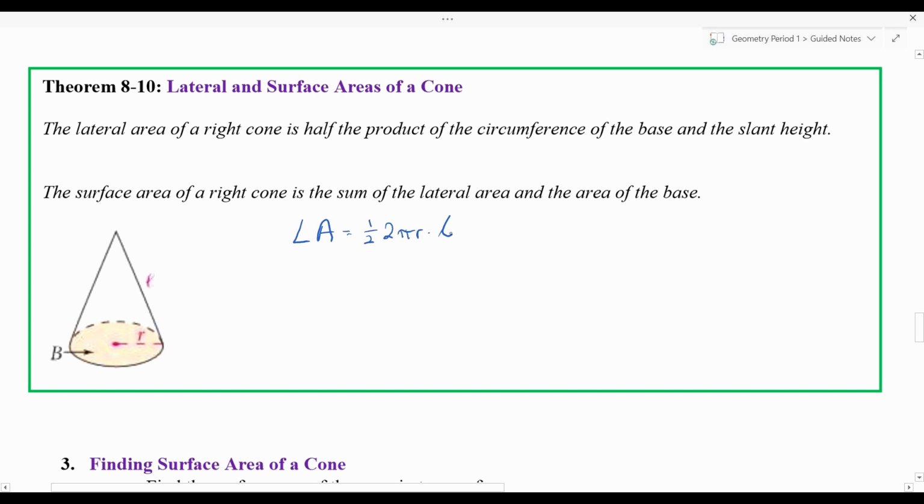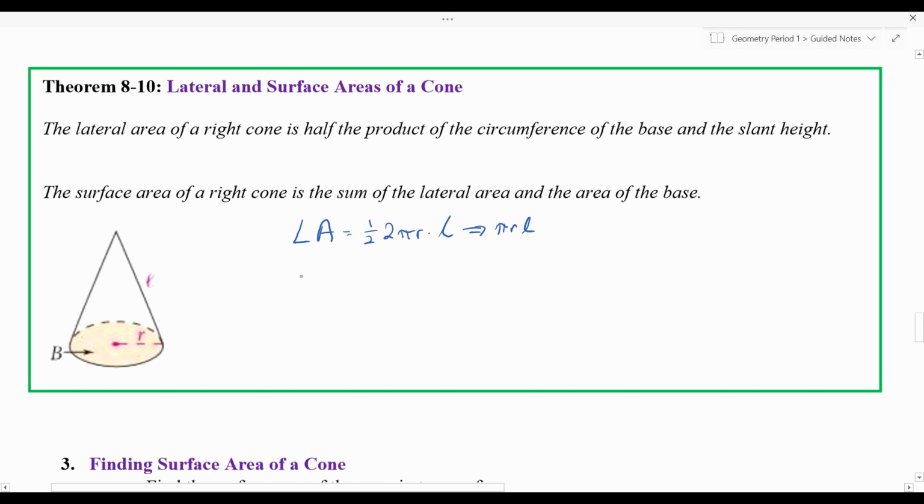That's my lateral area. Now I can simplify this because 1/2 times 2 is just 1, so this turns out to be pi r L.